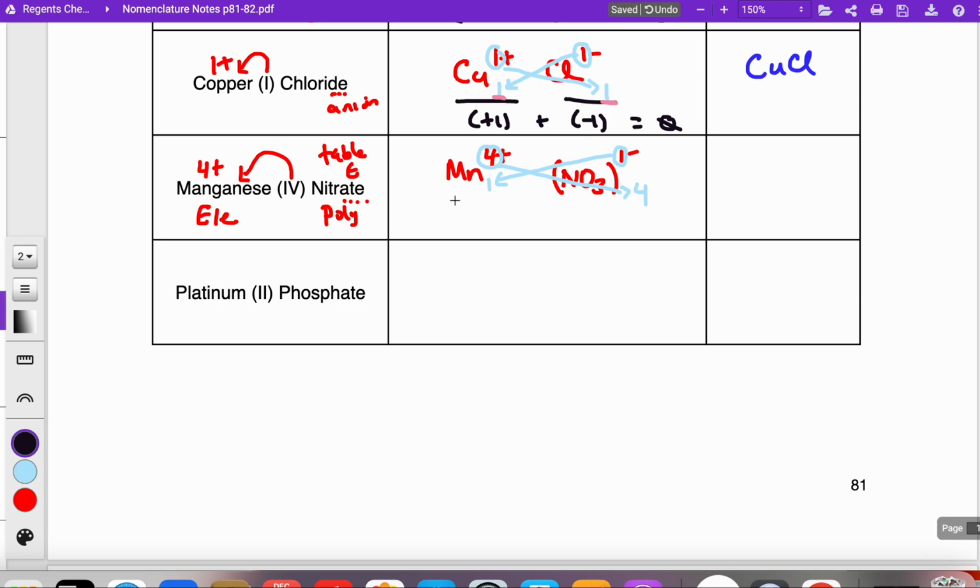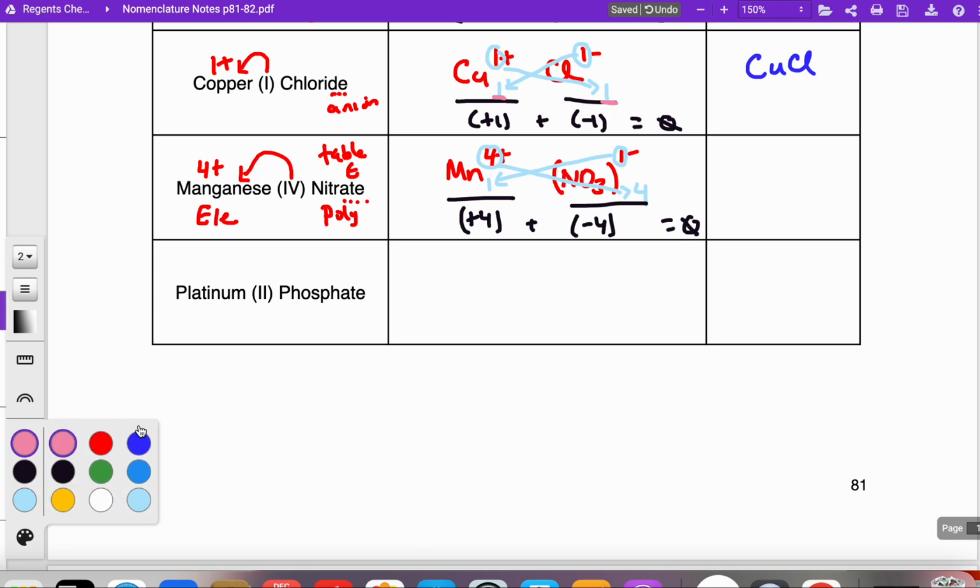So if I do a quick check on the math, 1 cation and it contributes a +4 charge, plus I have 4 anion units. Each one contributes a -1, so collectively they contribute a -4 charge. So +4 plus -4 is 0.